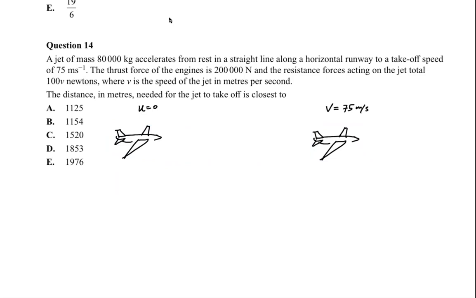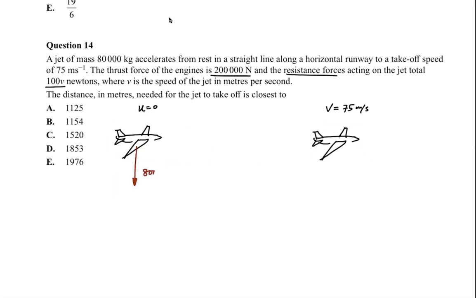The thrust force of the engine is 200,000 newtons, and the resistance force acting on the jet totals 100v newtons, where v is the speed. So let's do a free body force diagram.